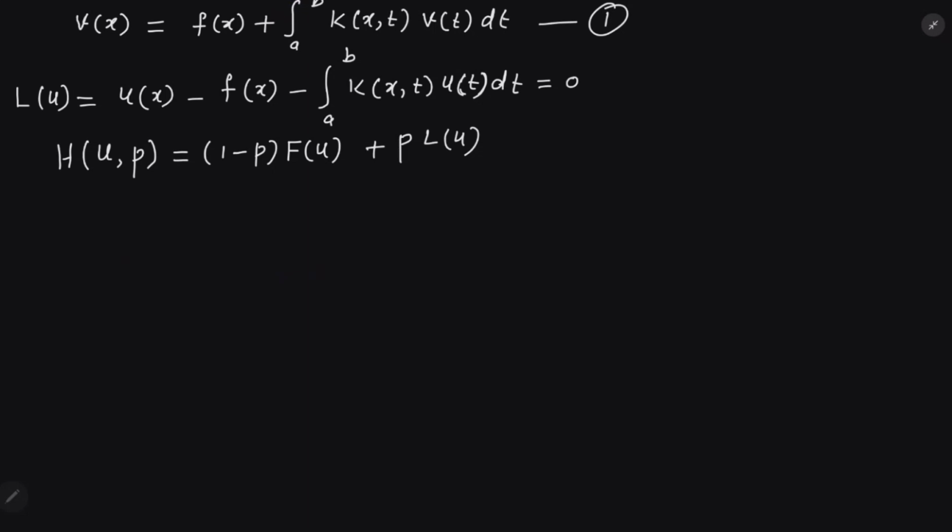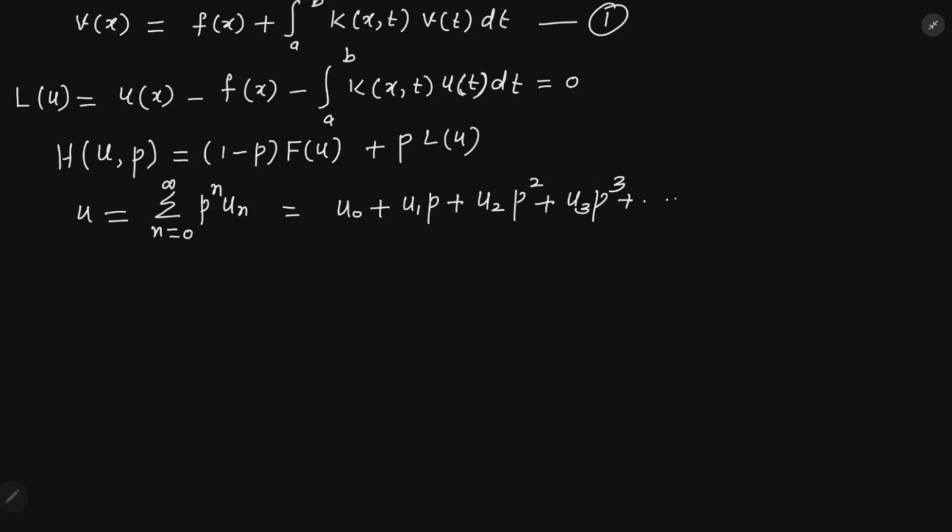Next, we define the solution in terms of the embedded parameter: the sum over n from 0 to infinity of p^n u_n. So this is our solution: u0 plus u1 p plus u2 p squared plus u3 p cubed and so on. This is an infinite series.